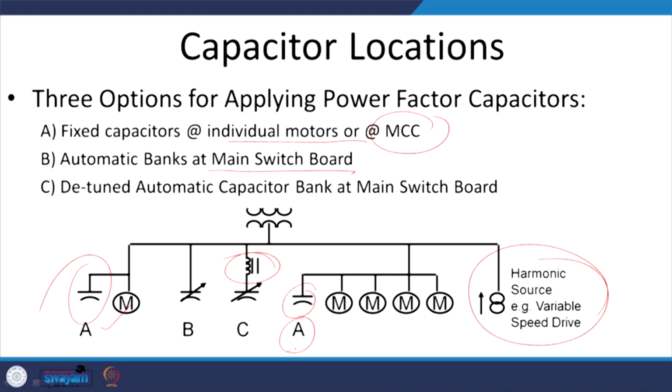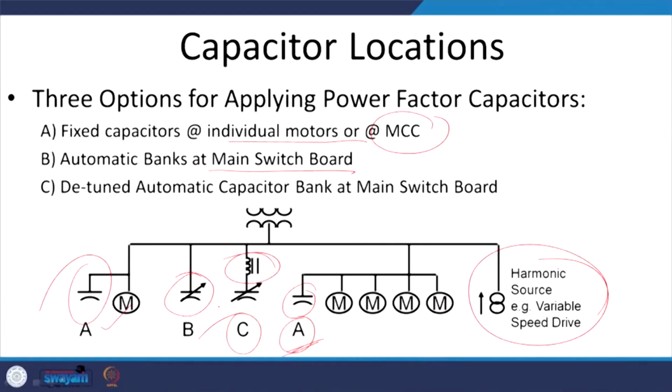For this reason, this is the inferior solution. Next, since you can switch B on, it is a little bit superior, because according to the load you can turn on these capacitors. And the best solution is solution C, where you can also detune this capacitor so that it does not cause resonance with the adjustable power supply.